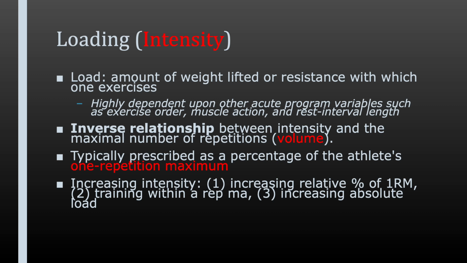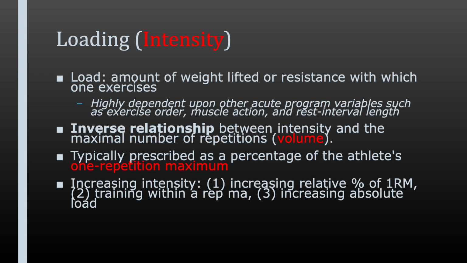For instance, if someone can lift 100 pounds one time for a squat, 80% of their 1RM would be 80 pounds. As we get closer to that 100 pound mark, the number of reps, volume, will decrease.